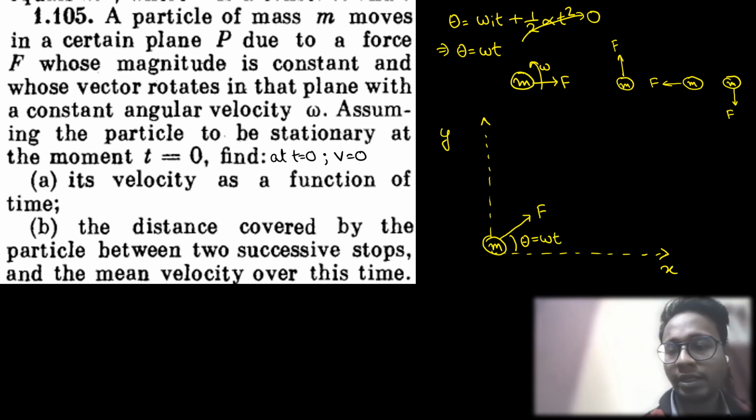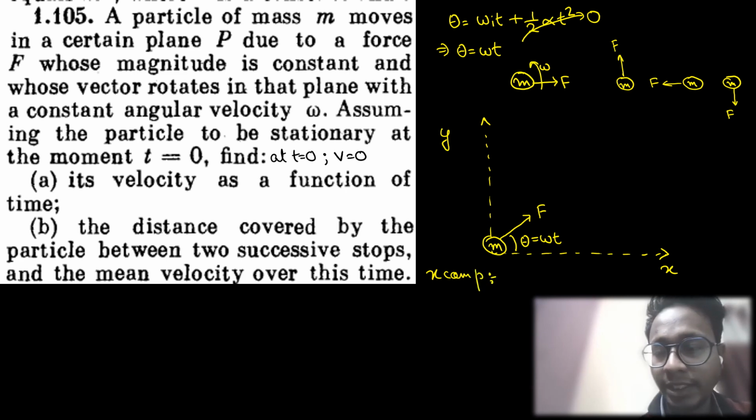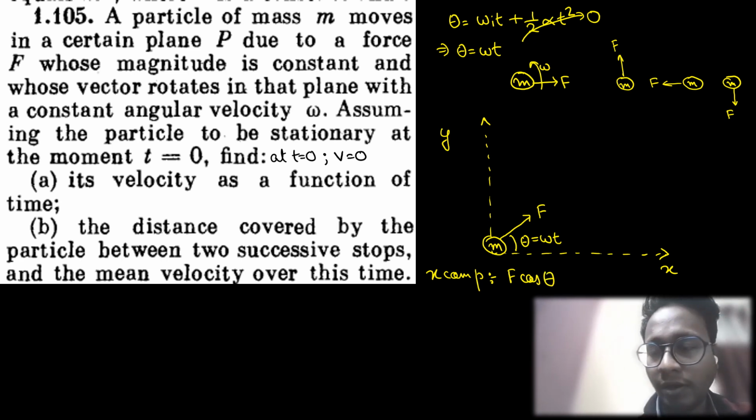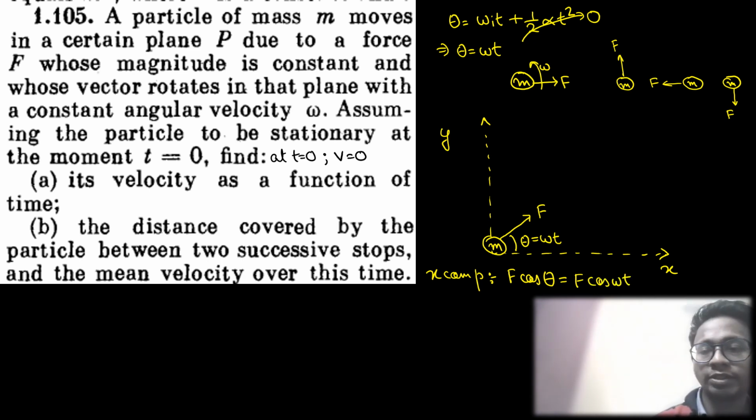Now see, what is the x component of force? The x component of force is nothing but f cos theta, or f cos omega t. Similarly, what is the y component of force?